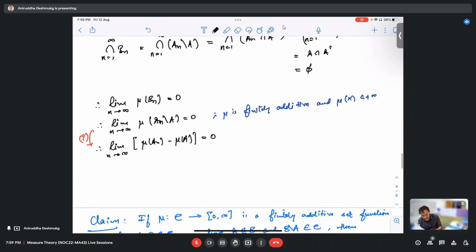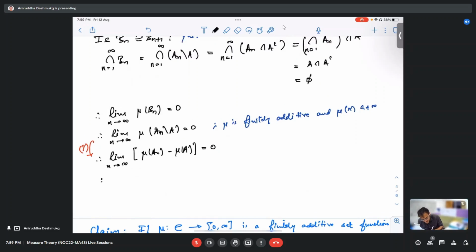So using this claim, I can write mu of A n difference A as mu of A n minus mu of A. Now this limit is zero. Therefore, limit n going to infinity mu of A n is equal to mu of A. But what was my A? A was intersection of A n.